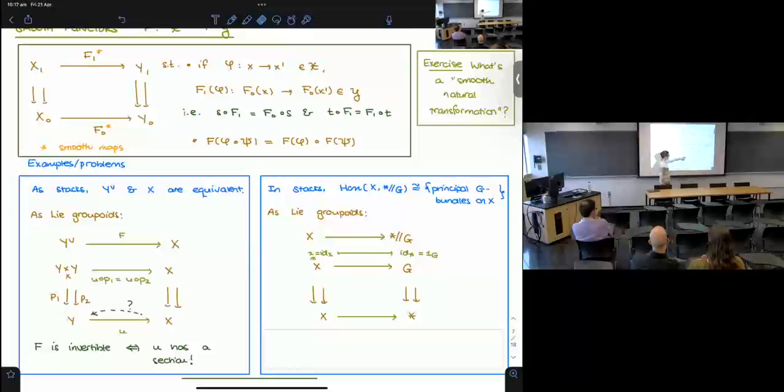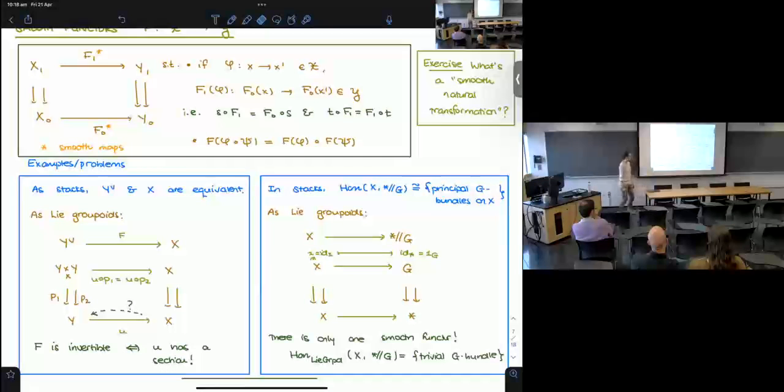And then at first you think, oh, I have some choices up here, but no, because everything up here is the identity morphism, and so it has to go to the identity morphism over here, which is 1. And so there's only one. And so we're not getting principal bundles on X, we're getting the trivial G bundle. But if you do the exercise with smooth natural transformations, you see that we really are getting the right automorphisms in the category. So the automorphisms are right, but we're missing a bunch of objects.